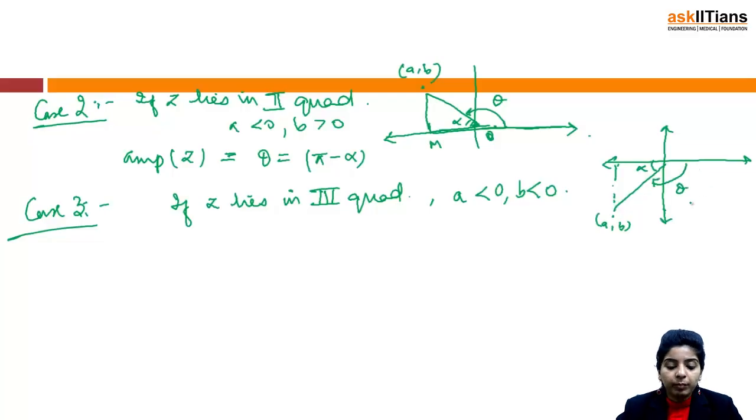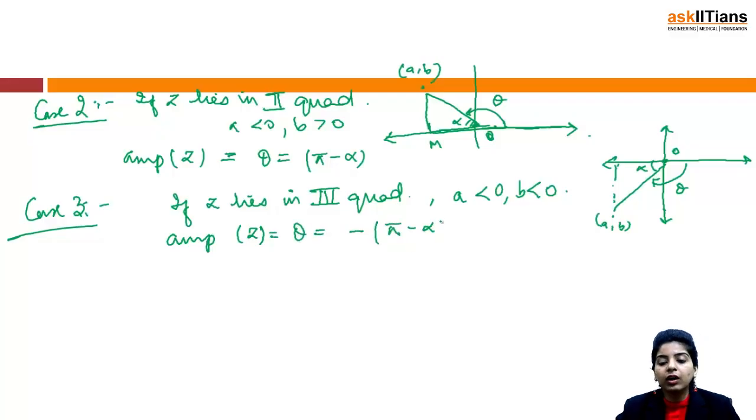So what would be my amplitude in this case? This is my origin. So the amplitude of z would be again theta, which would be minus of pi minus alpha. Now you can see this is pi minus alpha, but this is negative. So negative of pi minus alpha would be my amplitude.